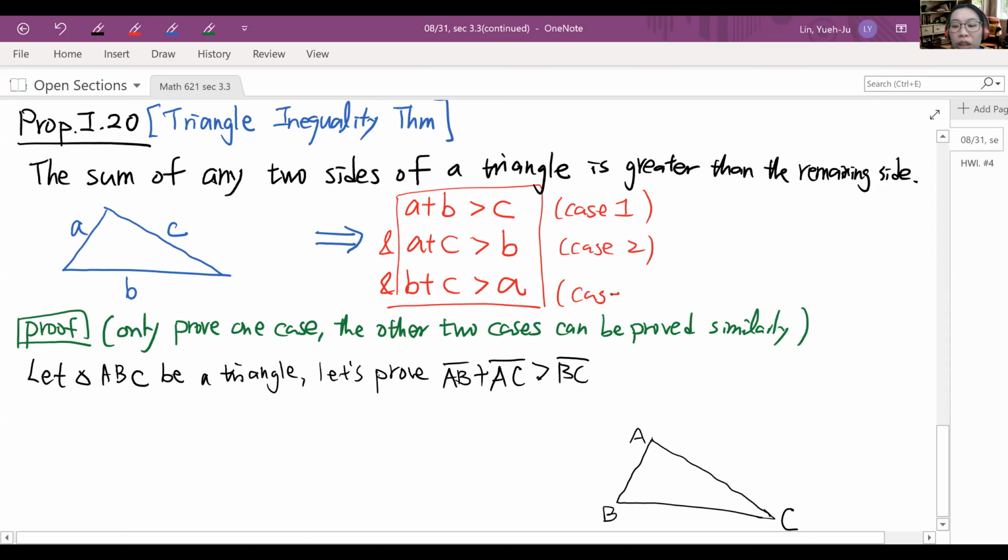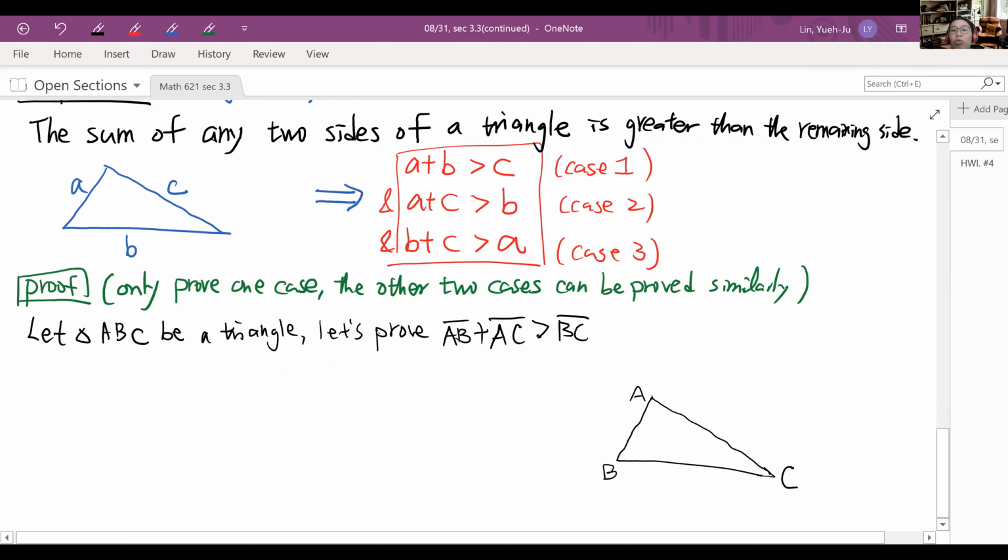So technically, if you want to rigorously and completely prove this 1.20, you should prove cases 1, 2, and 3. But for the time being, I only have time to do case 1. You should be able to do the other 2 cases because they use the same philosophy and same steps. You just need to swap the roles of some of the vertices or sides here.